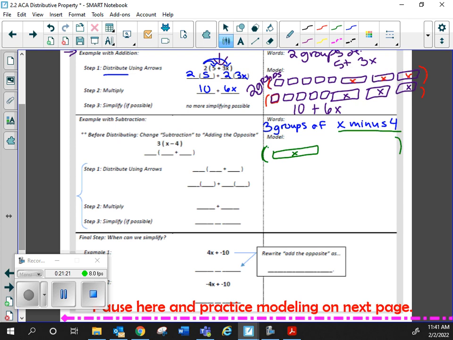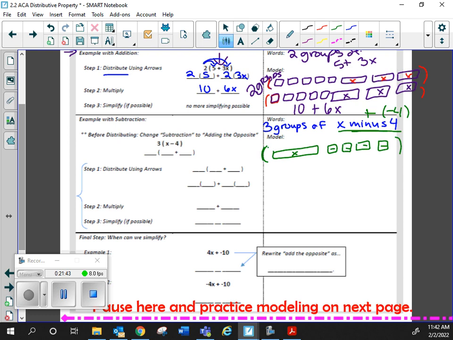So instead of 4 yellows, I'm going to do 4 red tiny squares. I'm drawing 4 of them, but because it's minus 4, that's the same as adding negative 4, so I'm going to put a little minus sign to show that they are negatives.